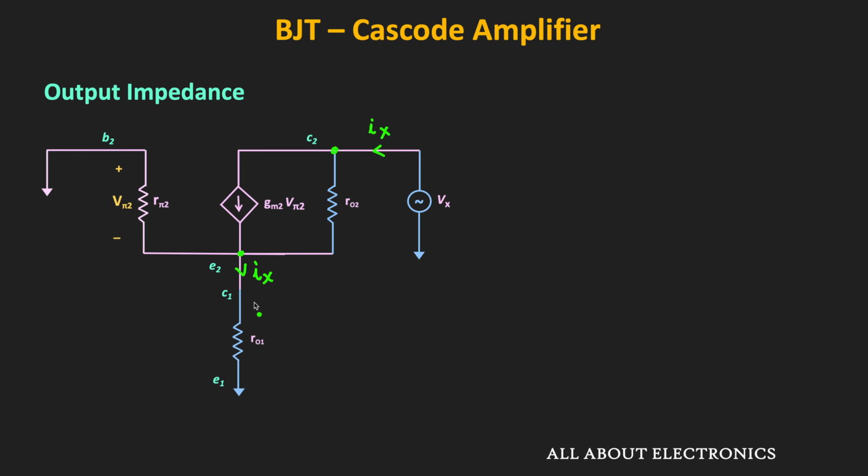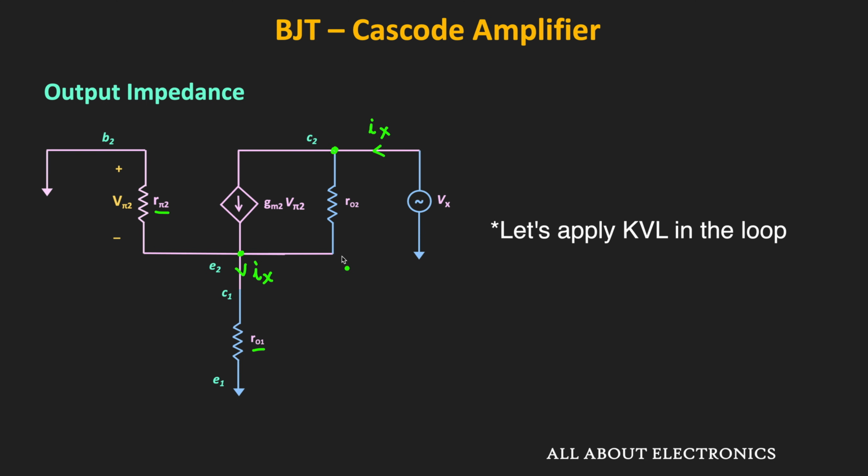Moreover, R01 and Rpi2 are connected in parallel, because one end of both is connected at this node, while the other end is connected to the ground terminal. And the voltage across both the resistors is equal to Vpi2.